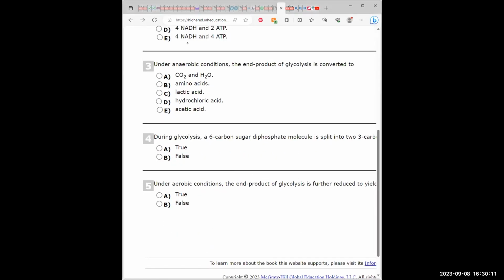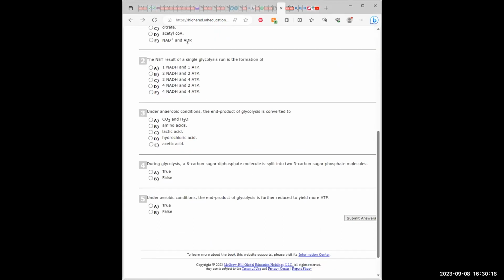Okay. During glycolysis, a 6 carbon sugar diphosphate molecule is split into 2 three-carbon sugar phosphate molecules. Is it true or false?